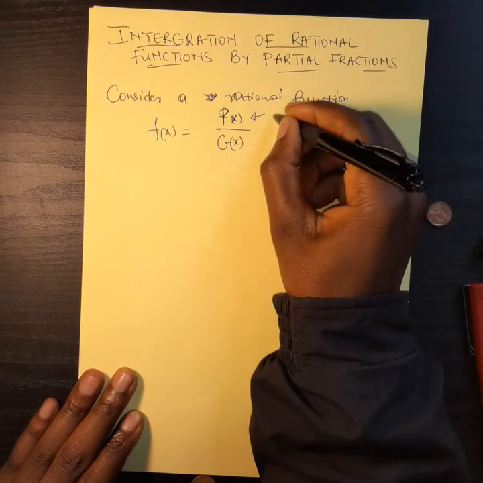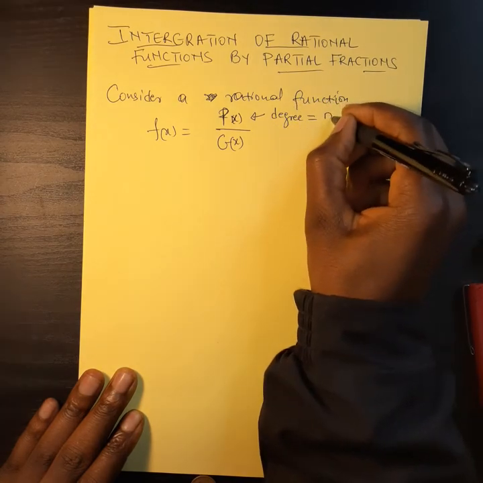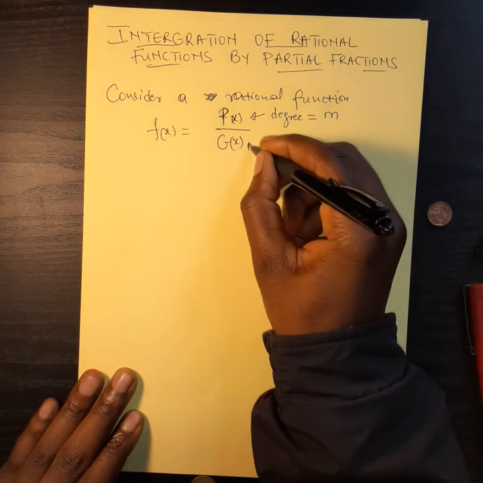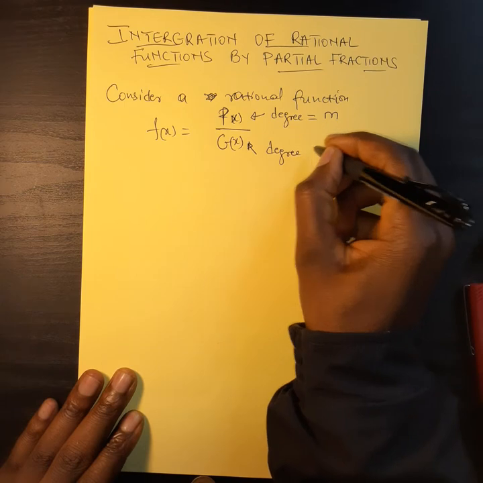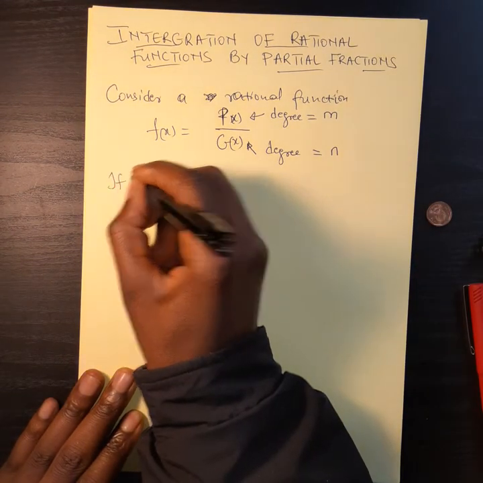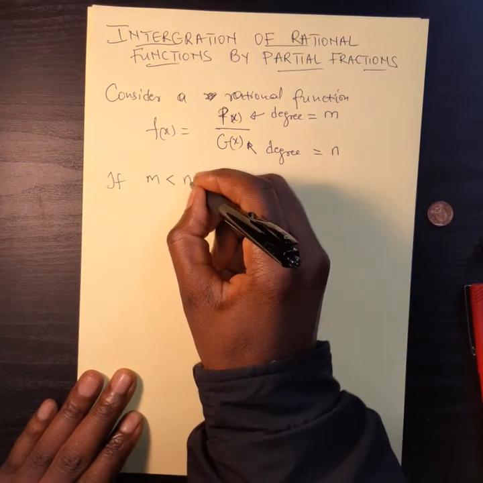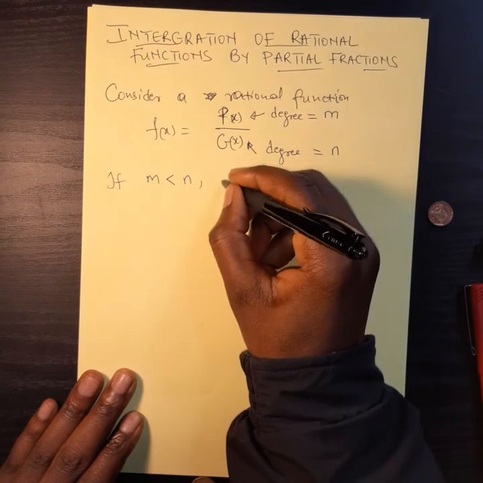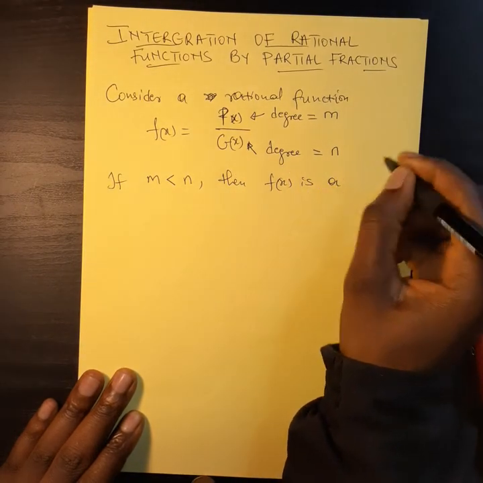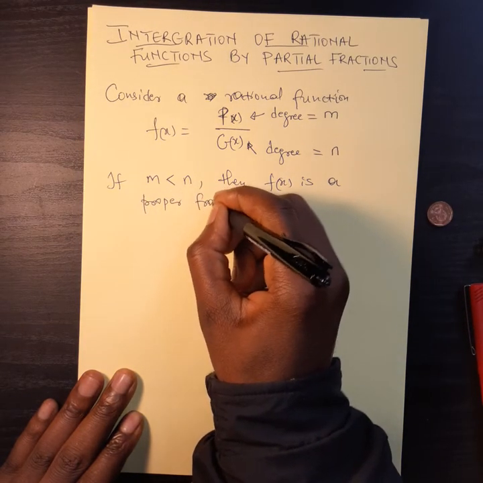When we look at the degree, we find that the degree of p of x is m, and the degree of g of x is n. So if m is less than n, we say that f of x is a proper fraction.